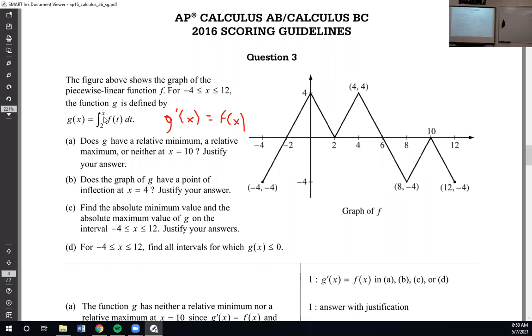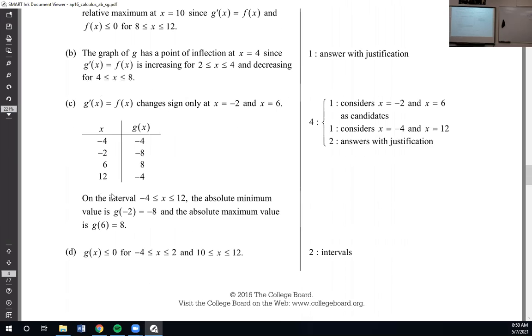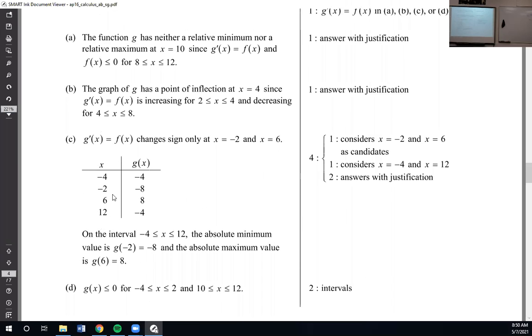So at 2, it's going to hit 0. Then you can determine your values and figure out that starting at 10, it dips down below 0 again and keeps decreasing out to 12.